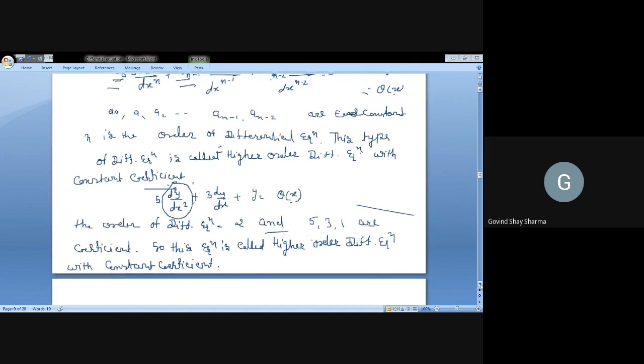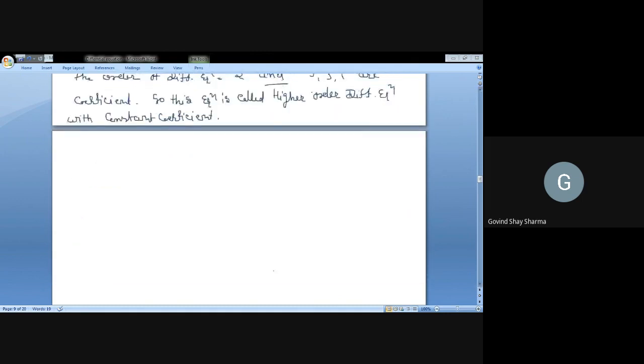Now we take a0 d2y/dx2 plus a1 dy/dx plus a2 y is equal to 0.